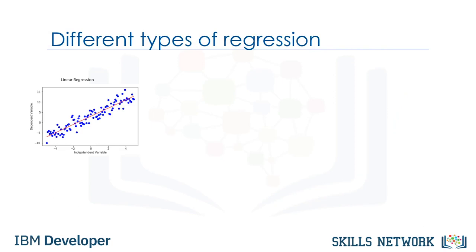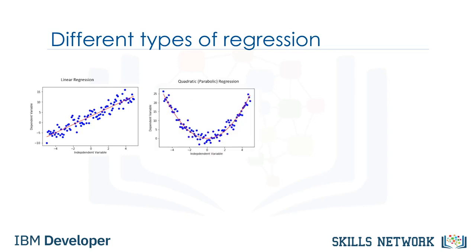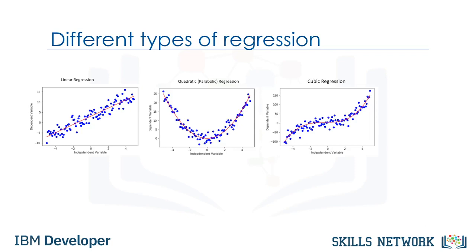In fact, many different regressions exist that can be used to fit whatever the data set looks like. You can see quadratic and cubic regression lines here, and it can go on and on to infinite degrees.